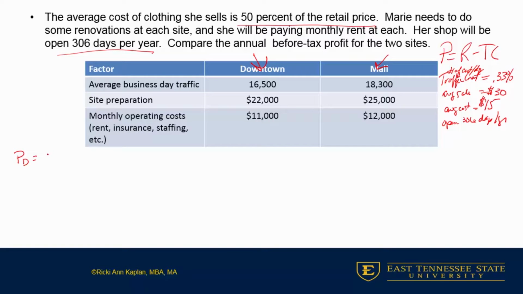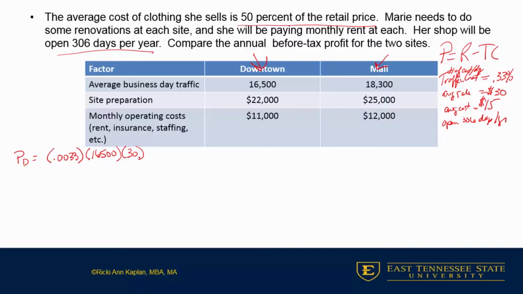So 0.33% is 0.0033 of my traffic count, which for downtown is 16,500. I want to multiply that by that average sale. That's the number of sales I'm going to have per day. That's the price of each sale.